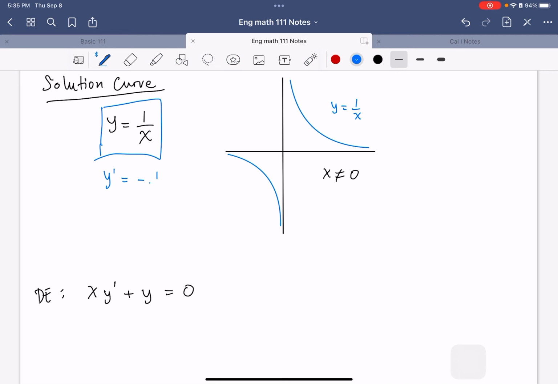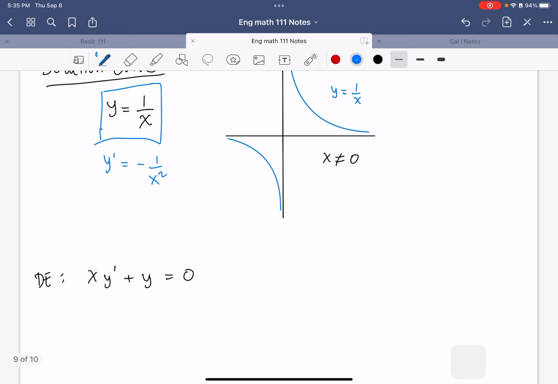It's negative 1 over x squared, right? So if we put it into our equation, x times negative 1 over x squared, and then plus 1 over x. This is true, right? This is true. So this y = 1/x can be a solution.